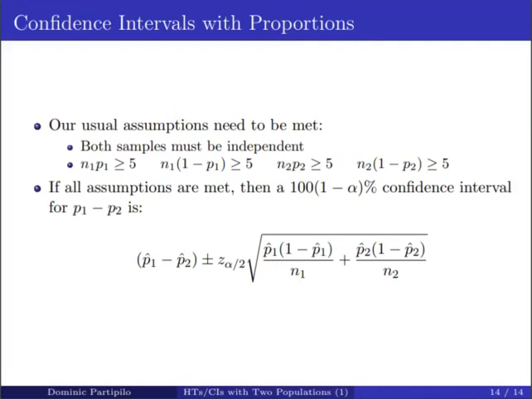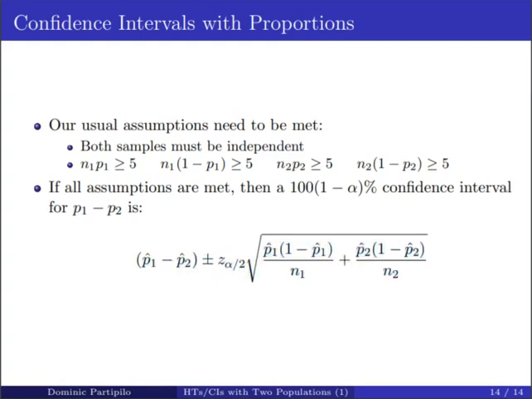So just like before, we need to have our usual assumptions met here. Both samples need to be independent, and we need to have large enough sample sizes such that n times p is greater than or equal to 5, and n times 1 minus p is greater than or equal to 5 for both of the samples. And if all of these assumptions are met, then our confidence interval for this difference is going to look something like this.